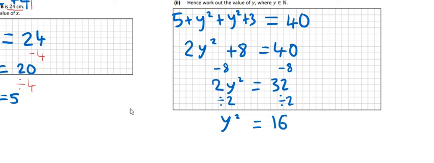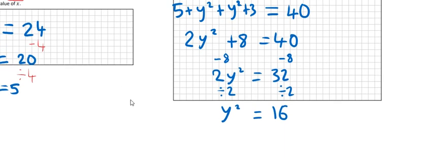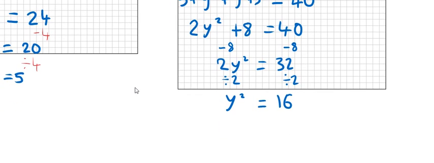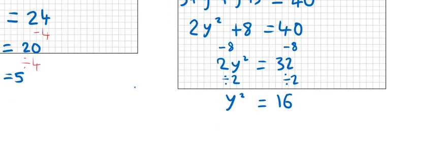So if y squared is 16, then the last step is doing the opposite of what's happening to y. Y is being squared. So therefore, to get y by itself, we do square root. So you basically square root both sides. So the square and the square root cancel out. So y is equal to the square root of 16, which is 4. So my final answer is 4.